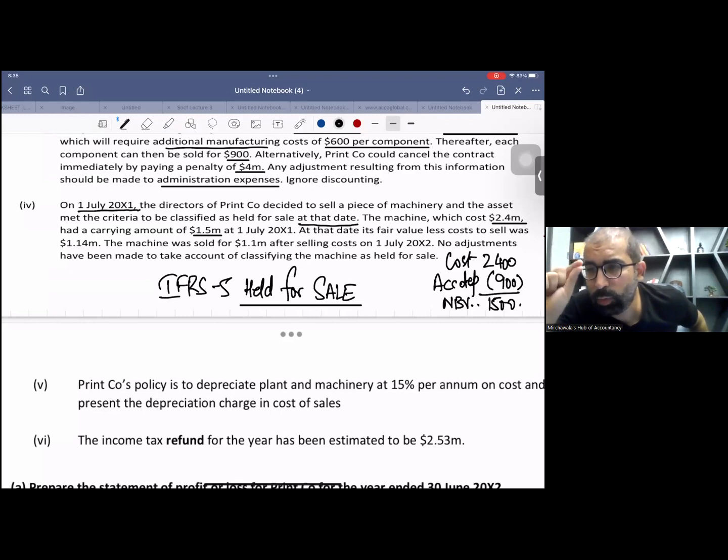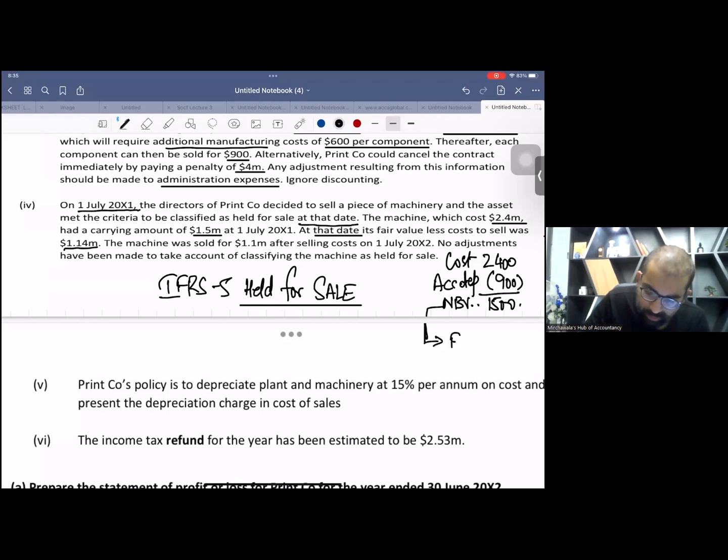Now don't sleep. They will give you a little dodge. At that date, here means 1st July X1, the fair value less cost to sell was 1.14 million. Initially, the fair value minus cost to sell is 1140. So do you remember the impairment concept?